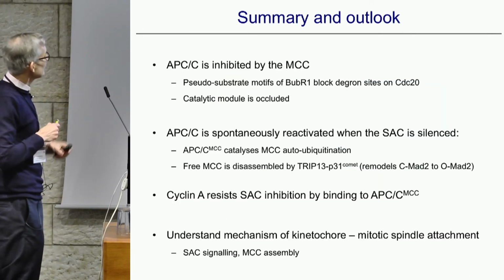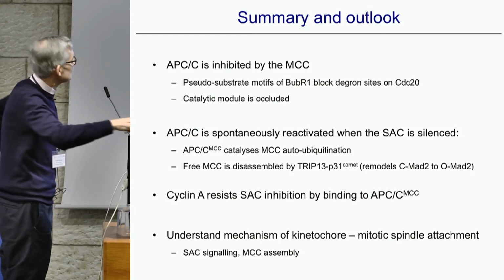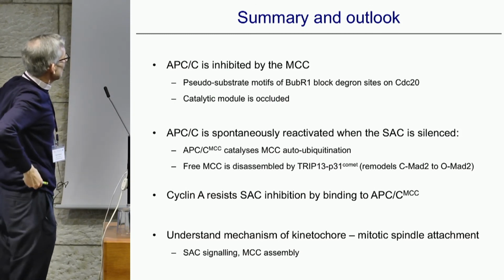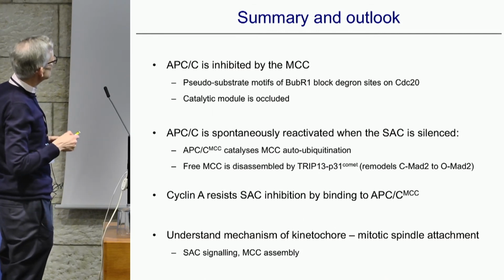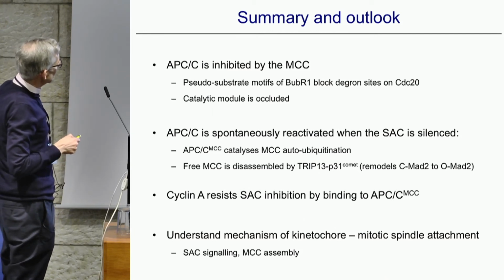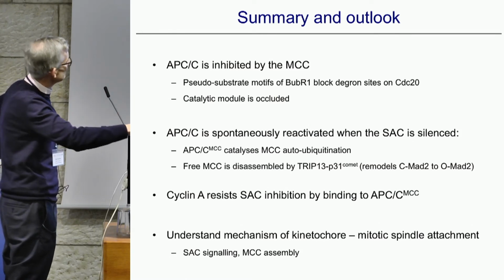So just to summarize and provide some future outlook comments. As I mentioned, the APC is inhibited by the MCC through pseudo-substrate motifs on BubR1 which block degron recognition on CDC20.